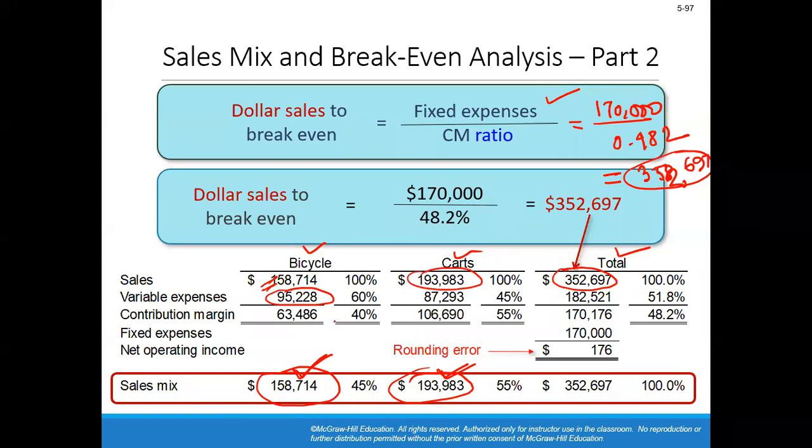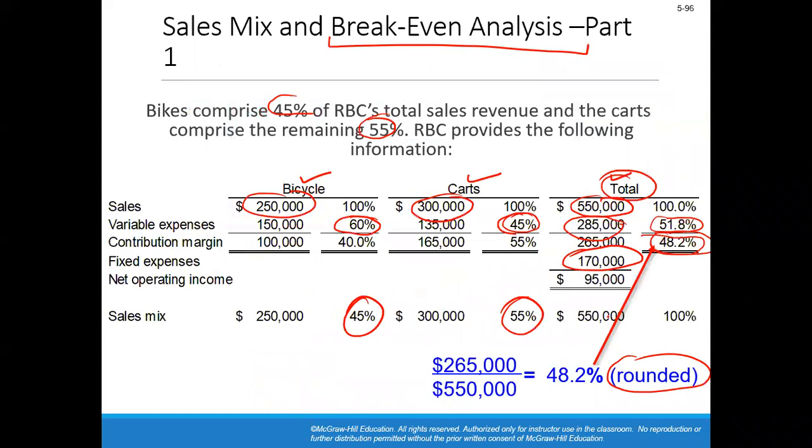These give the total contribution margin. If we sum up the contribution margin from bicycle and from the cart, we get 170,176.